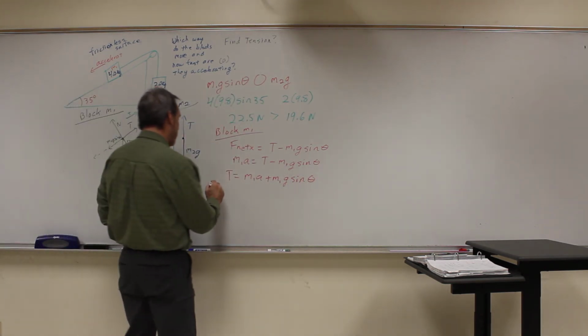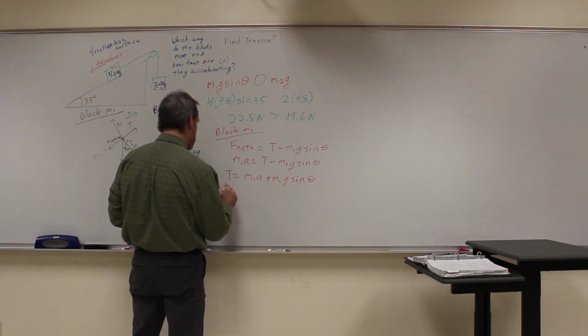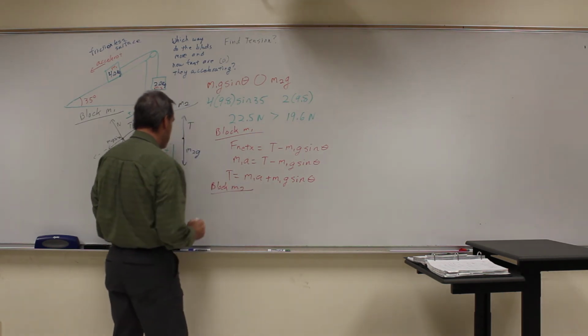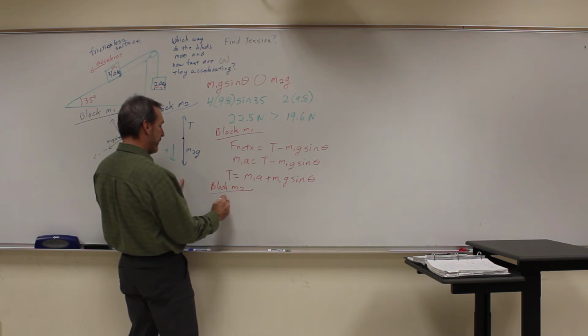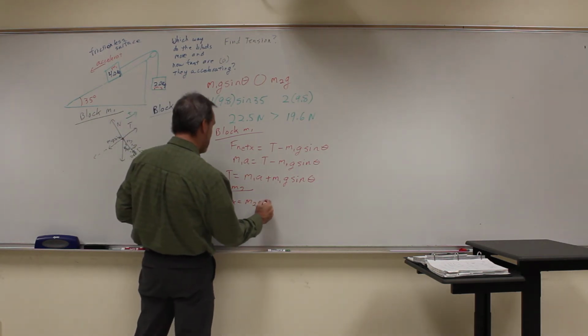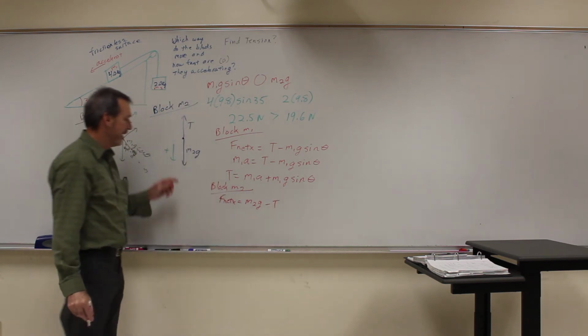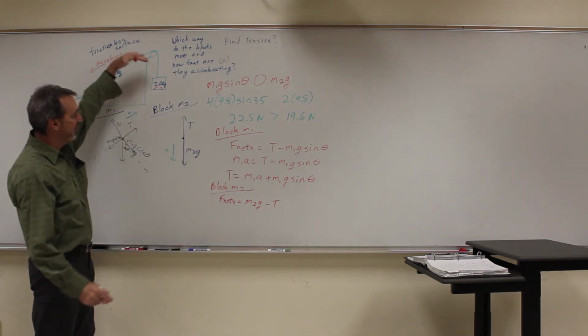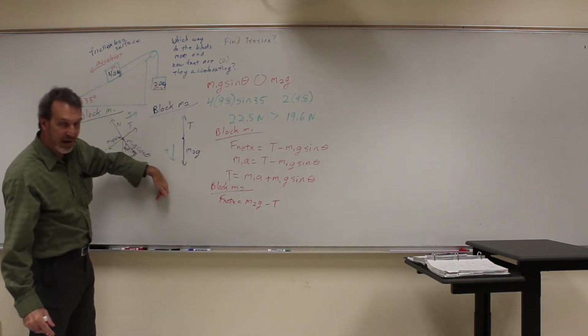Now let's do block M2. F net x is equal to M2g minus T. I just call it x, remember, because our x coordinate just rotated around and is now going down.